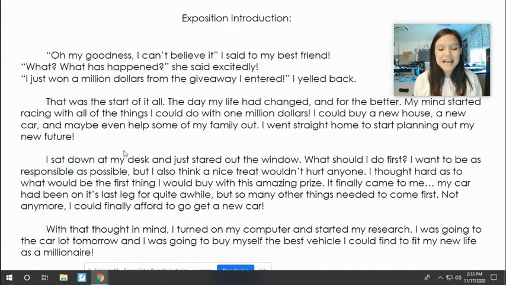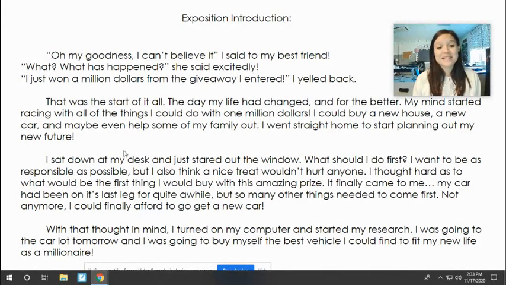I sat down at my desk and just stared out the window. What should I do first? I want to be as responsible as possible, but I also think a nice treat wouldn't hurt anyone, I thought. I thought hard as to what would be the first thing I would buy with this amazing prize. It finally came to me.